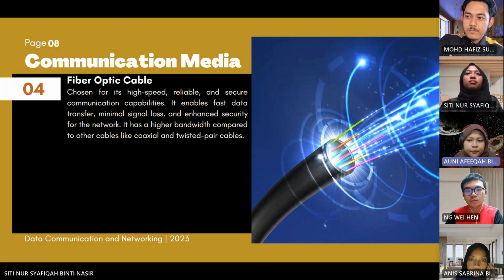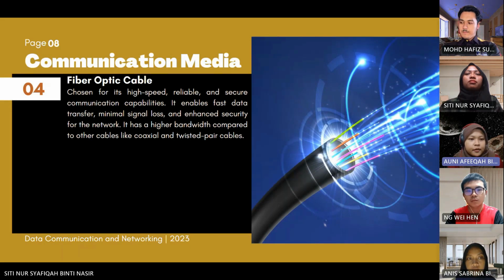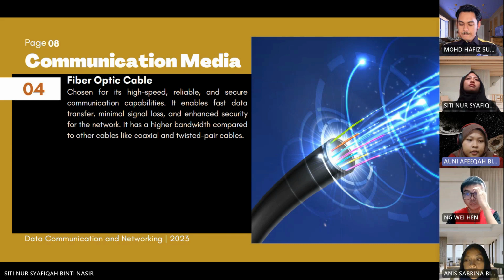Okay, so for the communication media, we chose fiber optic cable for its high speed, reliable and secure communication capabilities. It enables fast data transfer, minimal signal loss, and enhanced security for the network. Fiber optic cable has a higher bandwidth compared to other cables like coaxial and twisted pair cables.